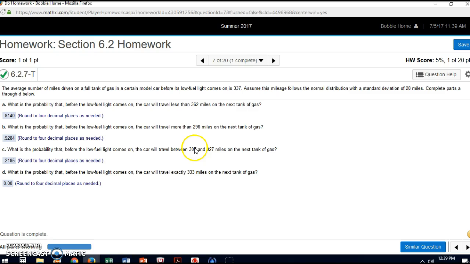Anytime you want to find the area in between two numbers, you take the top number and subtract out the area up to the bottom number.